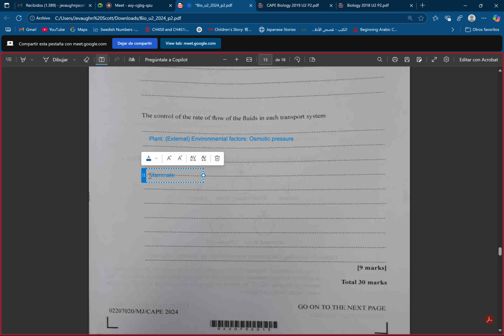Mammals utilize the autonomic nervous system. So they use the nervous system, and we also do use hormonal control.